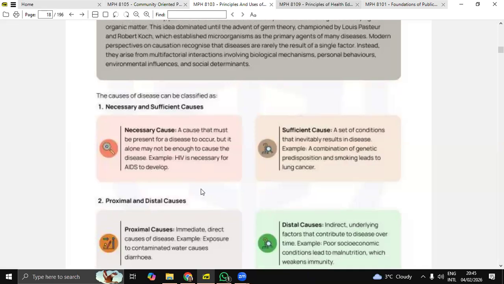Let us target that necessary cause directly. So in that case, we'll be looking more at vaccination.